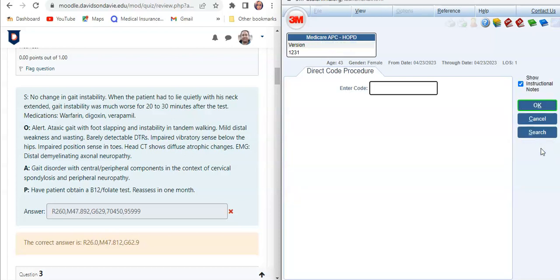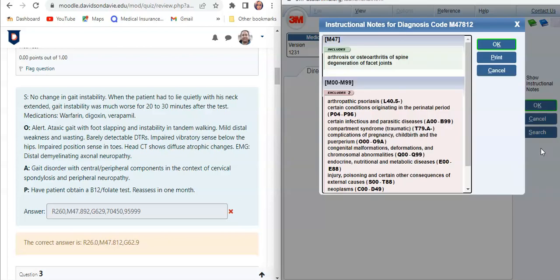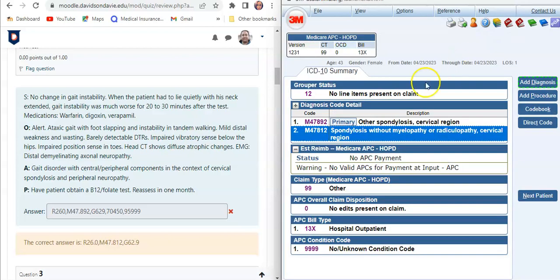The actual code that was right is the M47.812, which is without myelopathy.